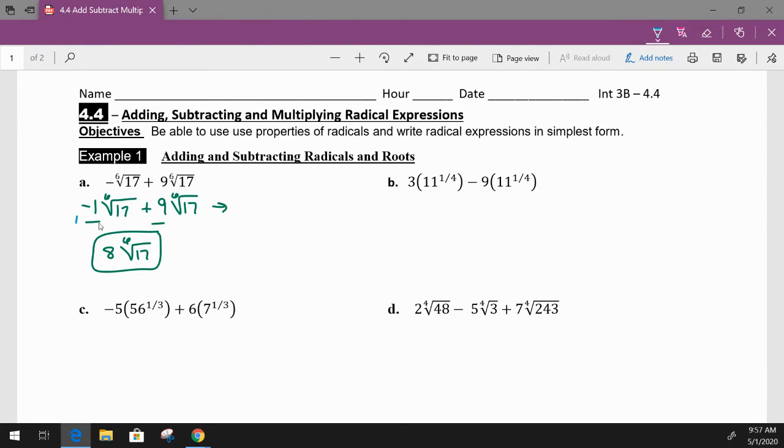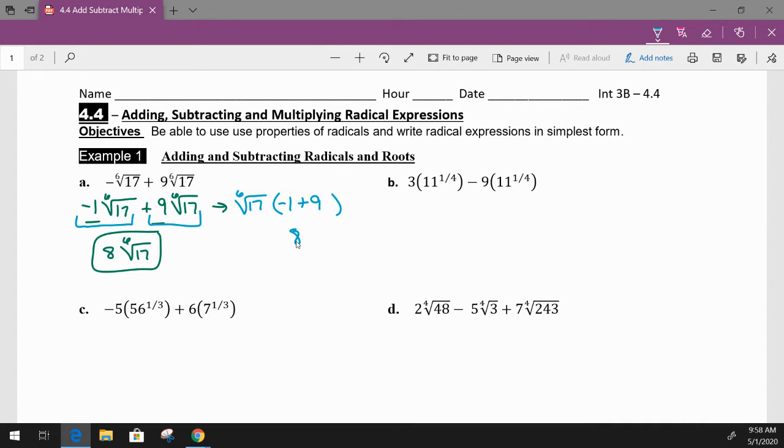Another way of thinking about this is if you were to look at these as two separate terms. So if you think of this as one term and you think of this as one term, both terms have a sixth root of 17 in common. So if you were to factor it out, what would you have left? Well, if I factor out the sixth root of 17 from both terms, I'm going to have a -1 plus 9. And again, the -1 plus 9 is 8.